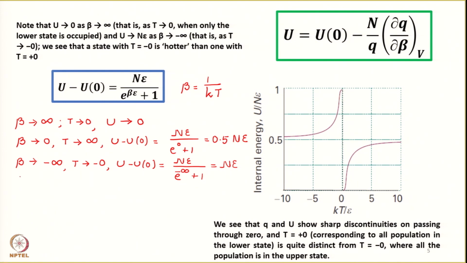The next one, when beta approaches minus 0, that means T approaches minus infinity, then what do we have? Then U minus U0 is equal to Ne over exponential minus 0 plus 1. Exponential minus 0 is 1, which gives 0.5 Ne.